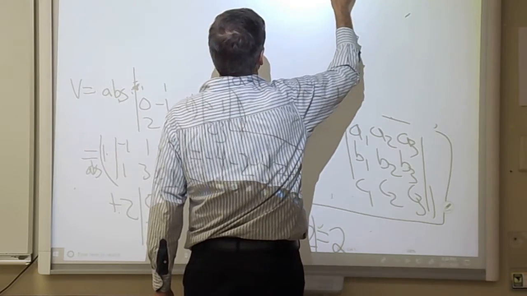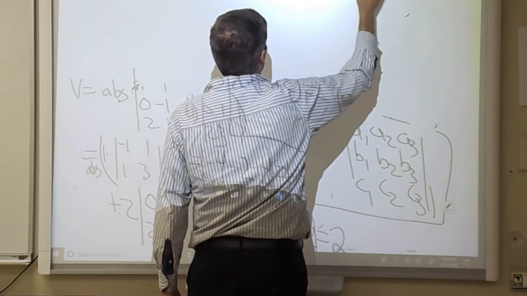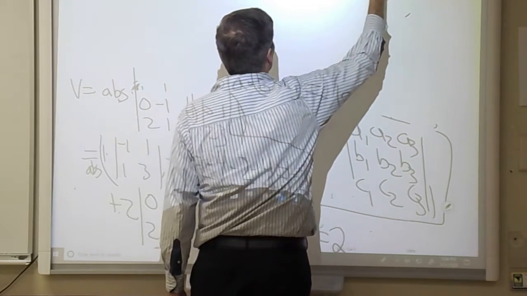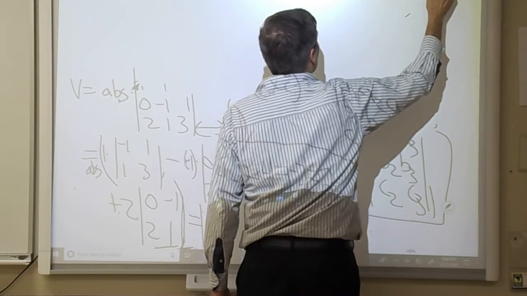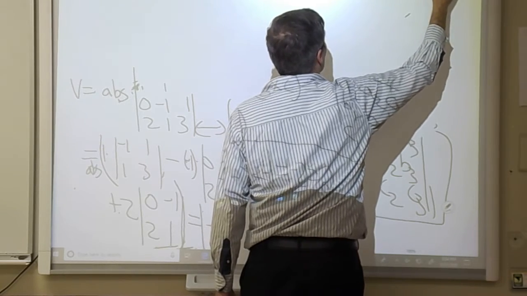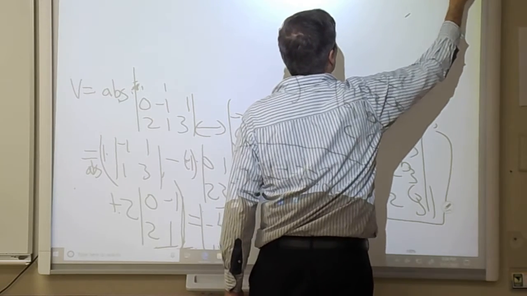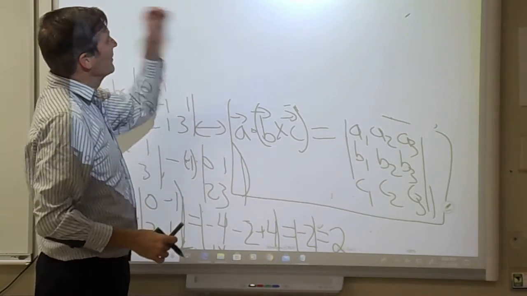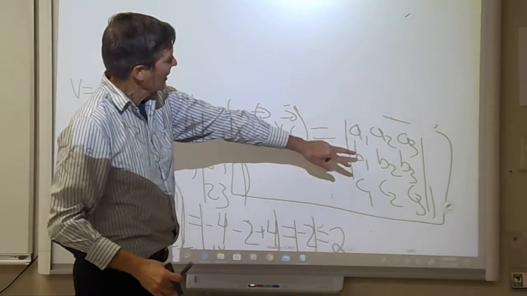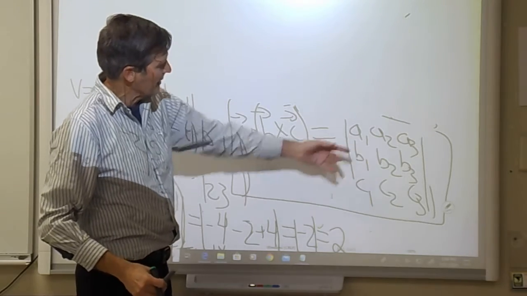This is equal to [C, A, B], which is also equal to [B, C, A]. So rotating these around gives you actually the same value. After all, if you think about it, it's just rotating all the rows of the matrix around.